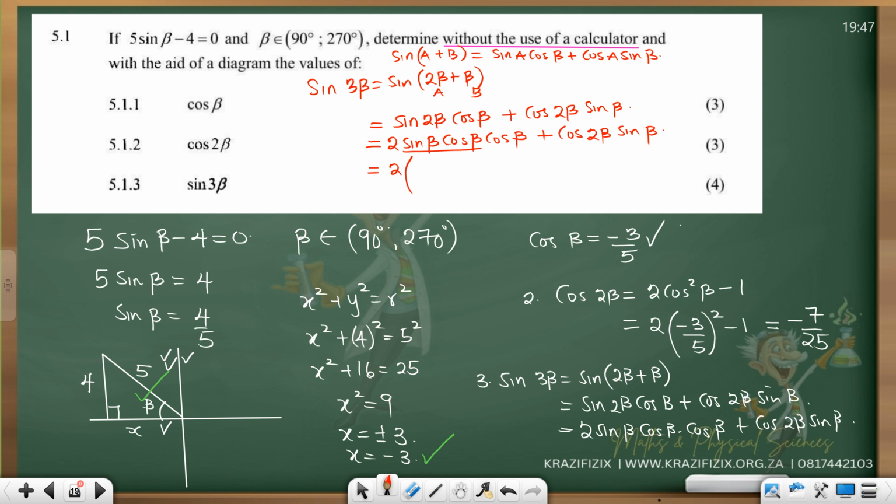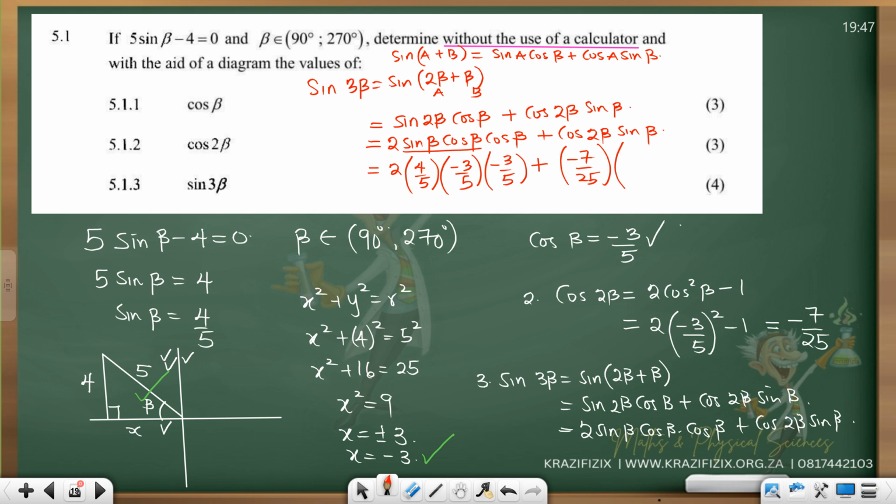Do we have sine b? 4 over 5. Do we have cos B? Negative 3 over 5. Another negative 3 over 5. What is cos 2B? Negative 7 over 25. That's why I said the examiner is clever. They know what they want.